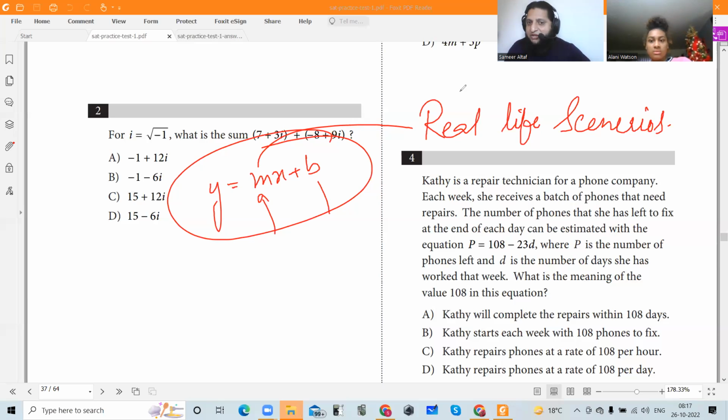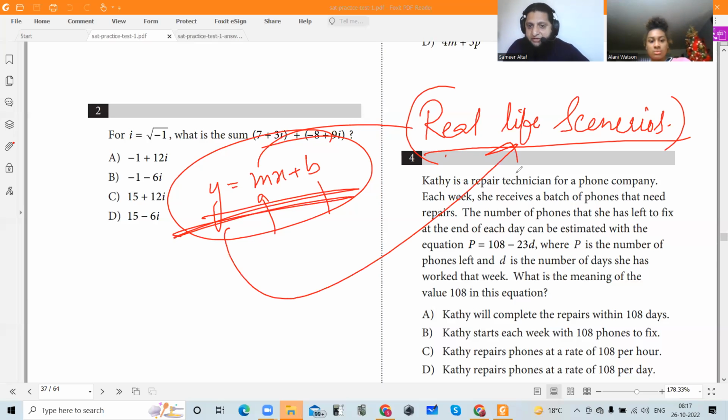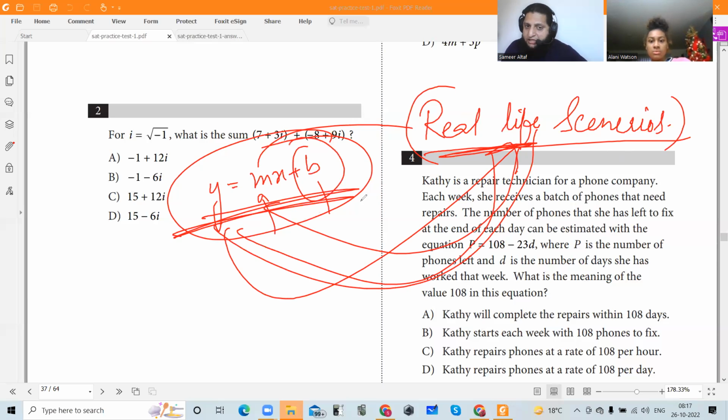No, they'll give you a real life example, and you have to analyze how you can relate this equation with that real life. What does the slope in that real life mean? What does the x mean? What does the y mean? What is the b in that real life? You understand? For example, in this equation, you should be able to analyze that 108 is actually the y-intercept.